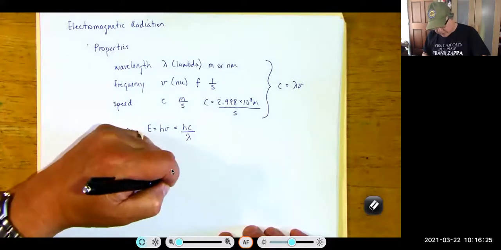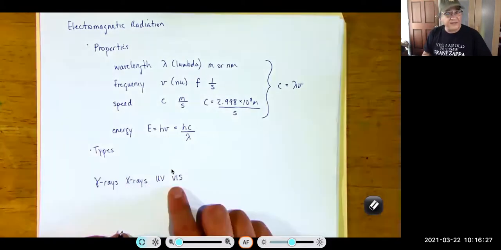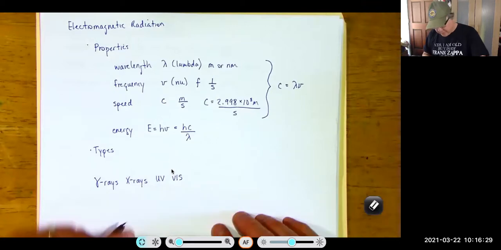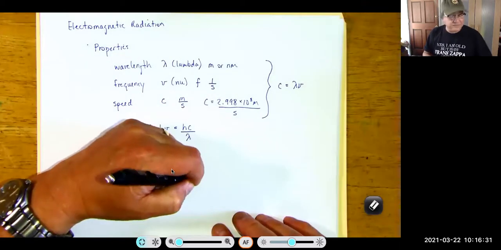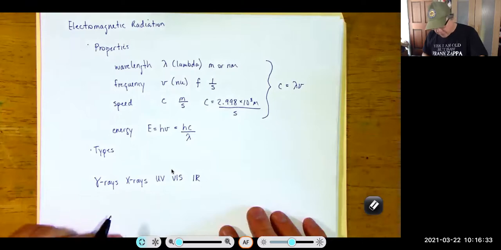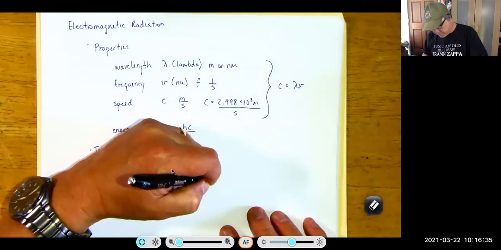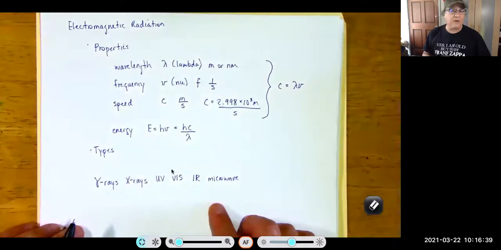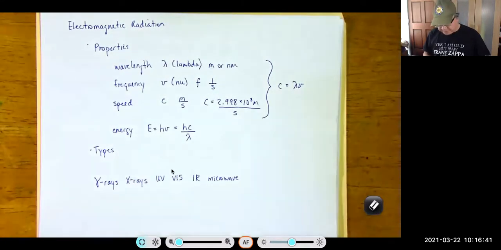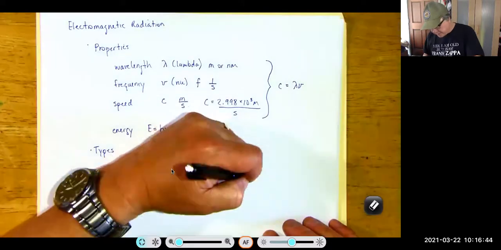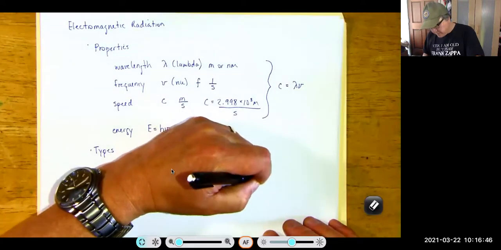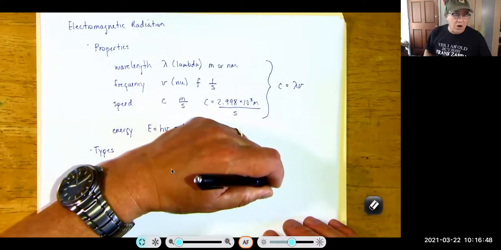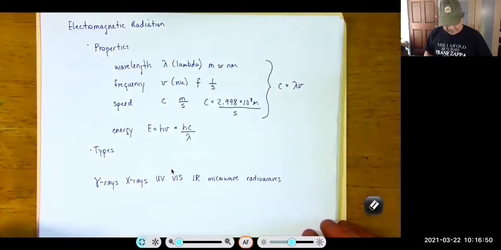And then there is visible light, which is given the symbol VIS for visible. Then there's infrared light. Then there's microwaves. You'd think that we'd use the symbol micro for microwaves, but we don't. And then there are radio waves, and the radio waves are split up into long and short radio waves.